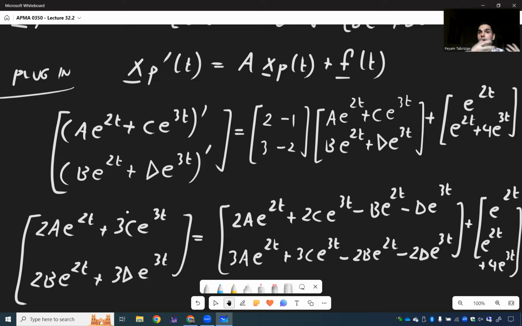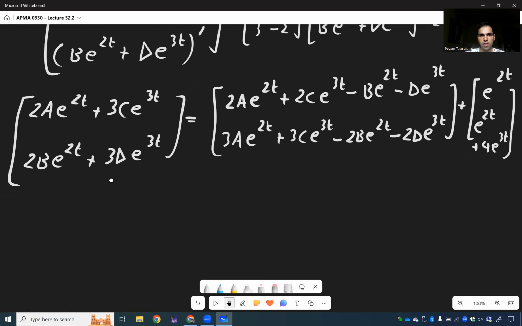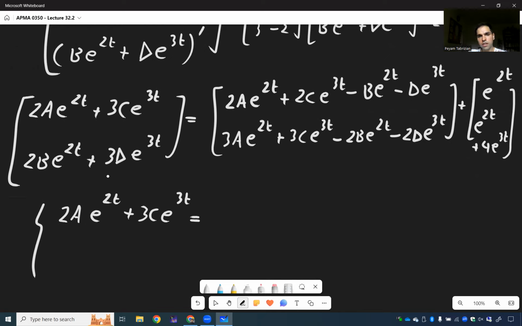And as horrible as it looks, we can actually group a lot of terms. So if you want in terms of equations, that gives you 2a e to the 2t plus 3c e to the 3t. And now let's write this in terms of e to the 2t and e to the 3t.